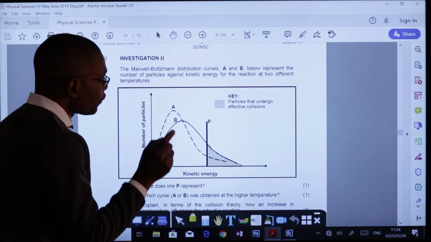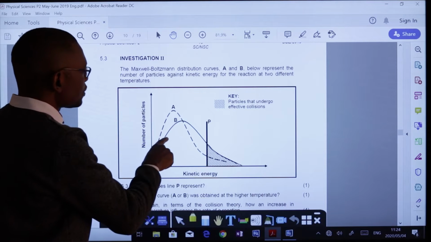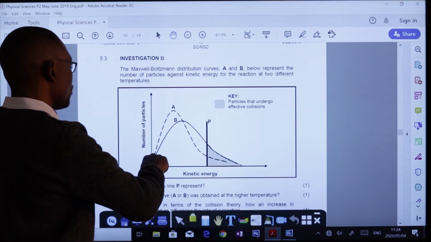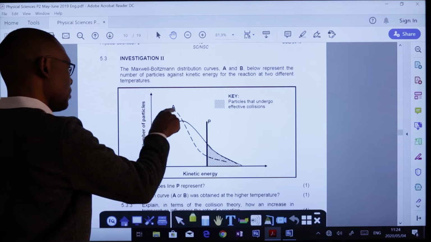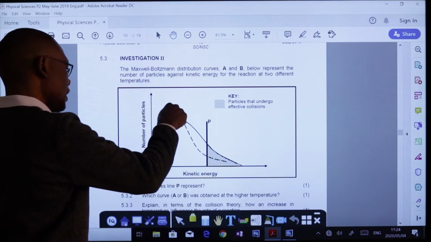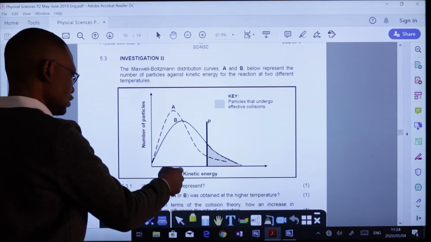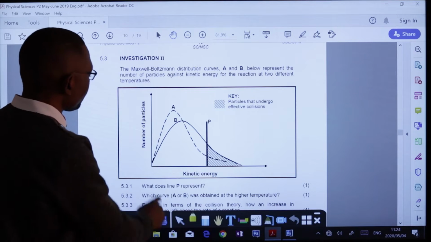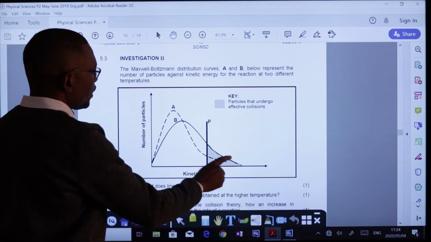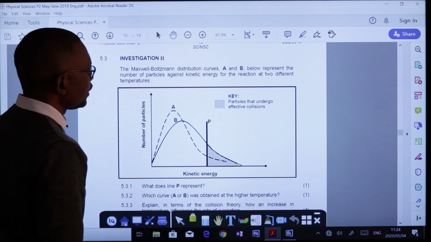For curve A, you see we've got a point where the number of particles is very high and their kinetic energy is very low, and then they follow like that. While for reaction B, and then we know what's happening at P.